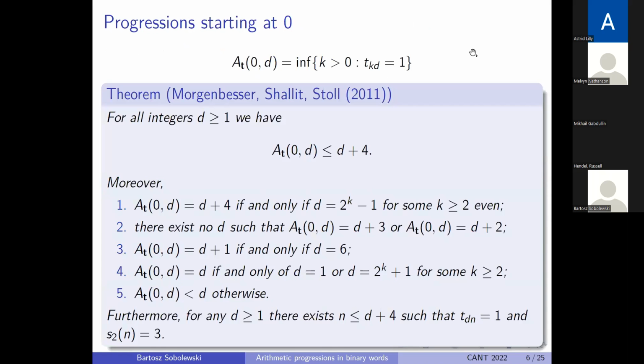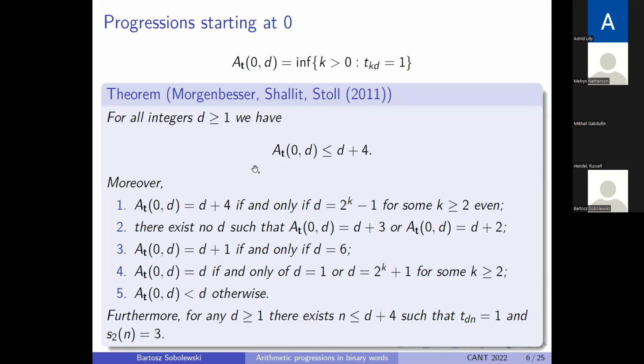And regarding the next questions, we have a theorem of Morgenbesser, Shallit, and Stoll, who investigated progressions starting at 0. And well, here this number can be defined in a simpler form, because this is the least multiple of d such that the term kd is equal to 1.